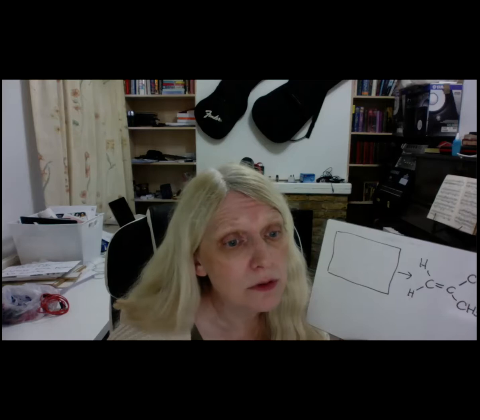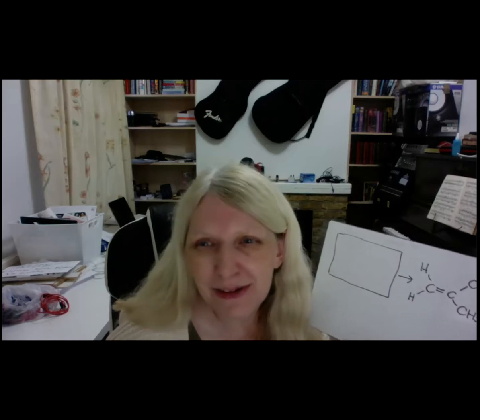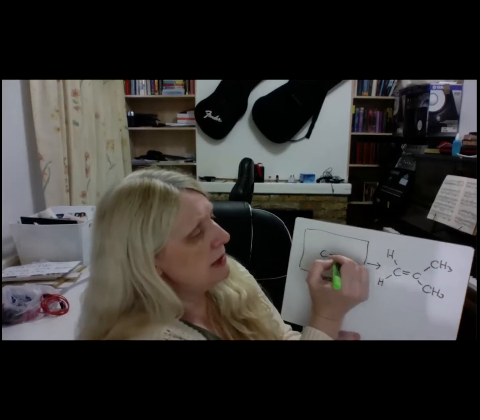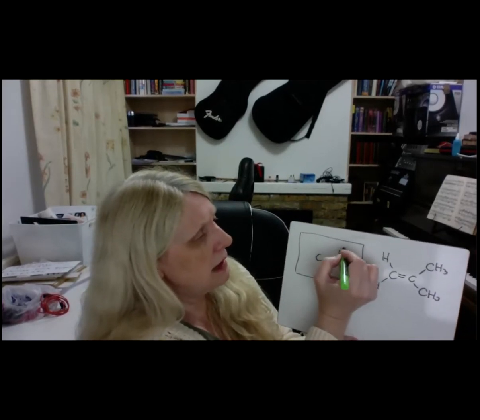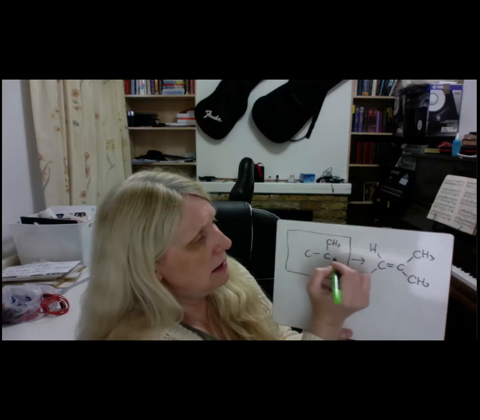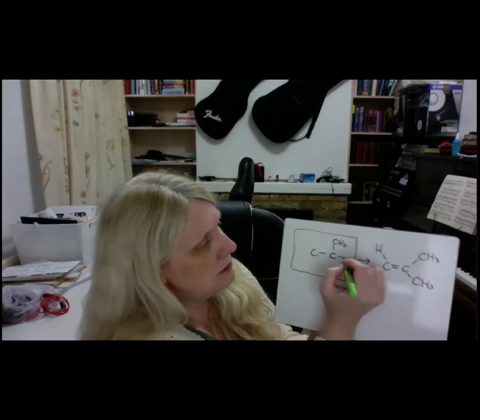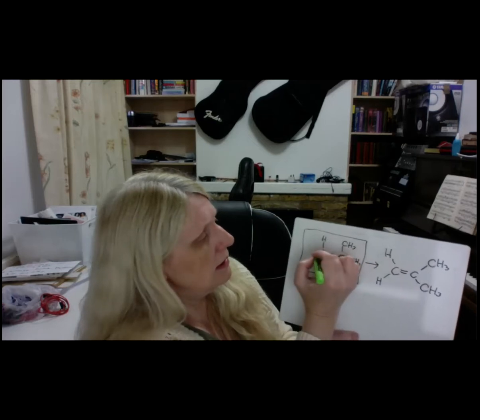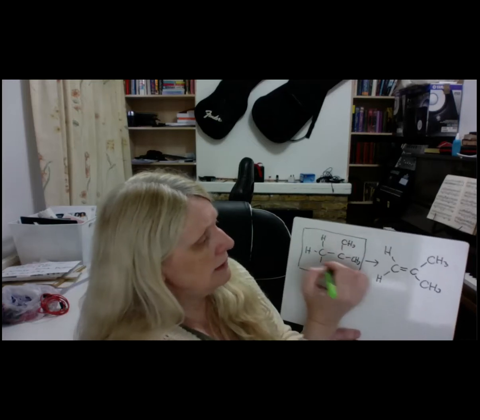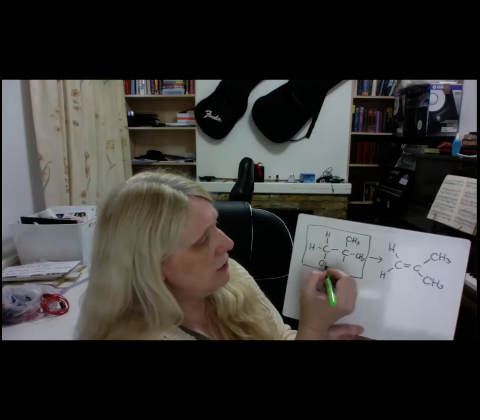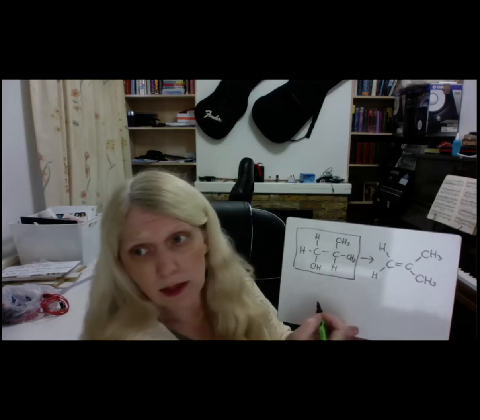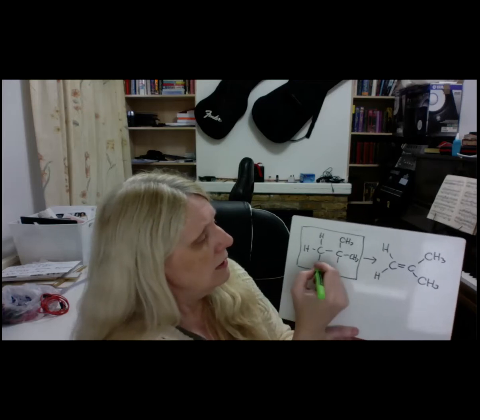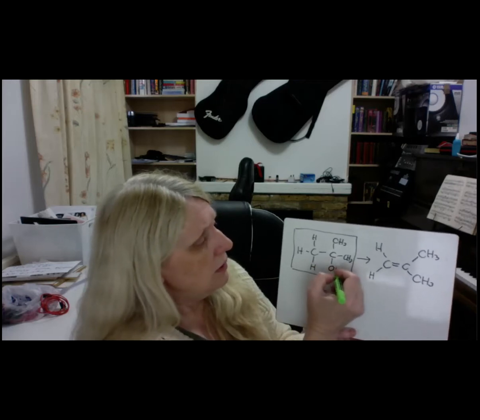Actually, there's another clue. So let's just pop this in here. I'm just going to break the double bond for the minute, just rearranging it slightly. Now, I've got two possibilities. I could have the OH there and the H there, like that, or I could have the H there and the OH there.